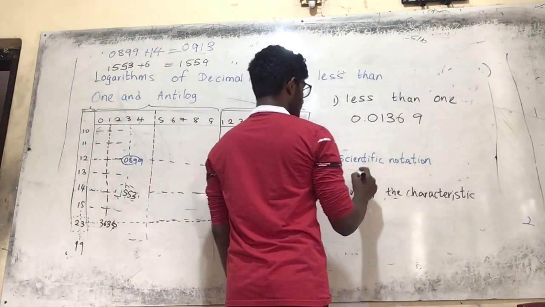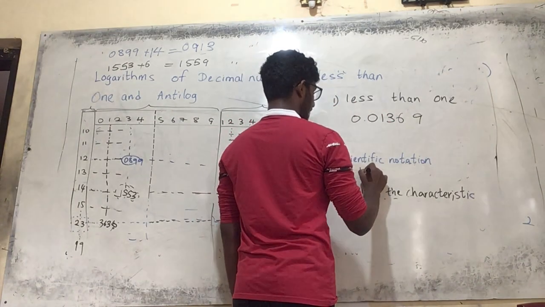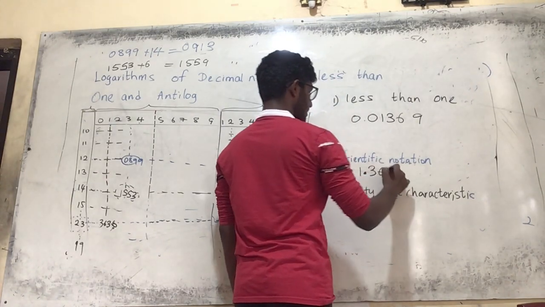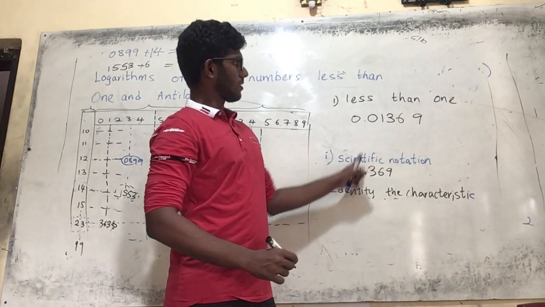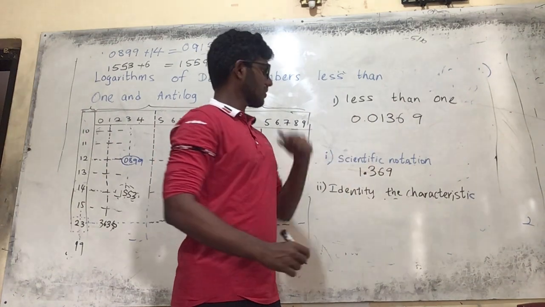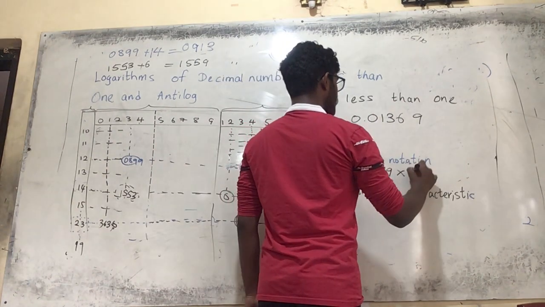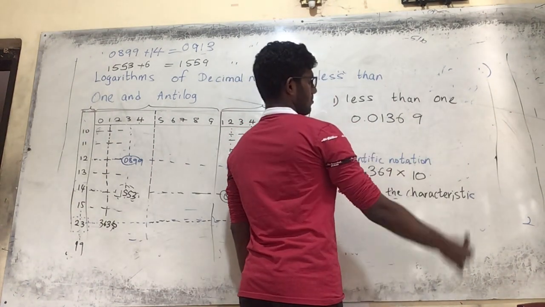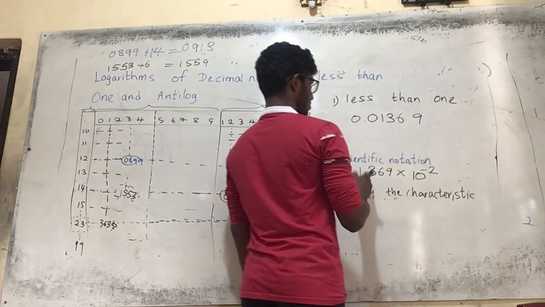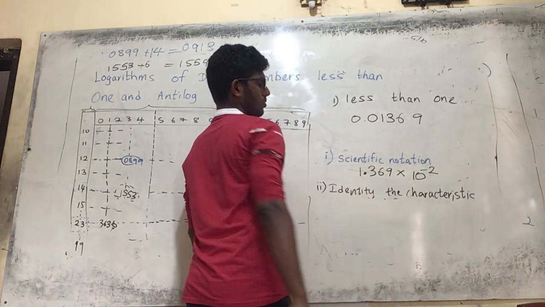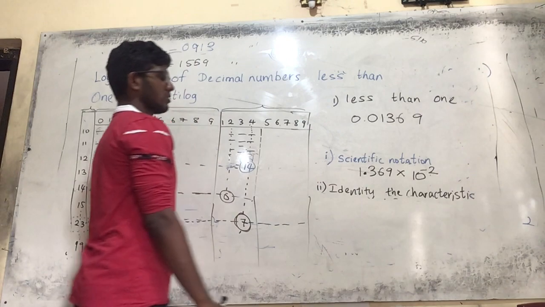So when you write in the scientific notation, you have to have 1.369, right? This will be the number into 10 to the power minus 2. Right? 10 to the power minus 2.